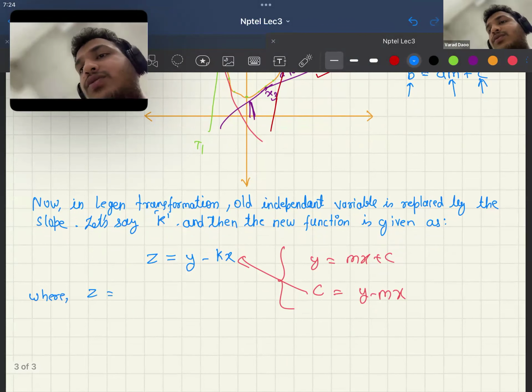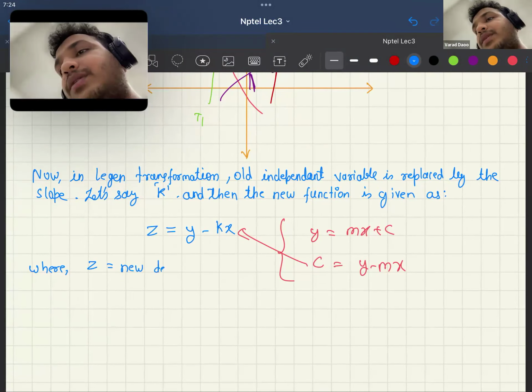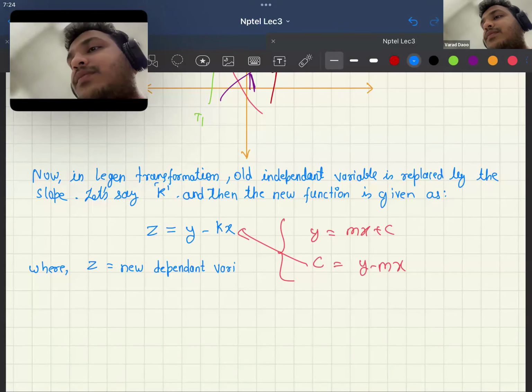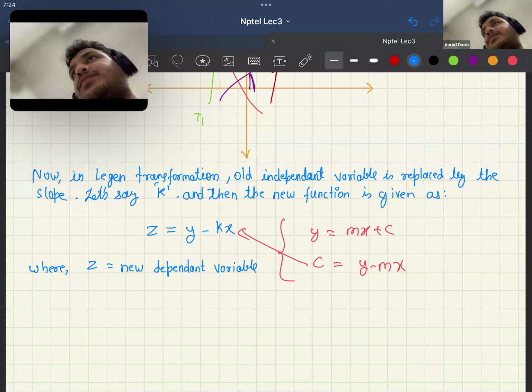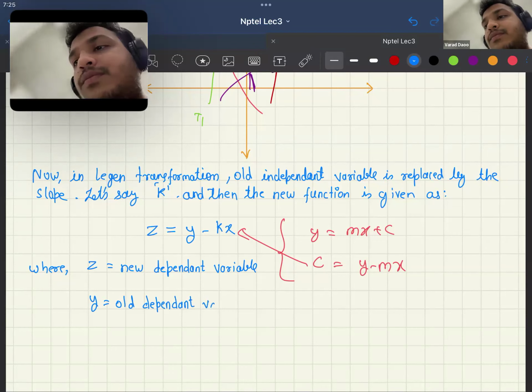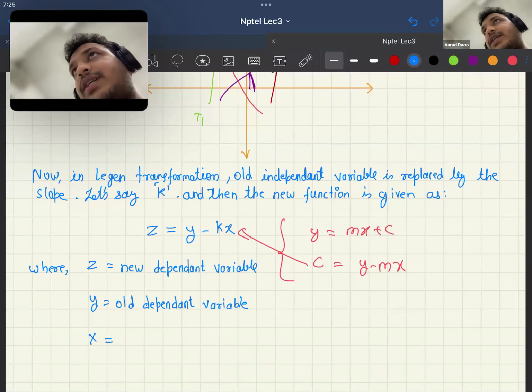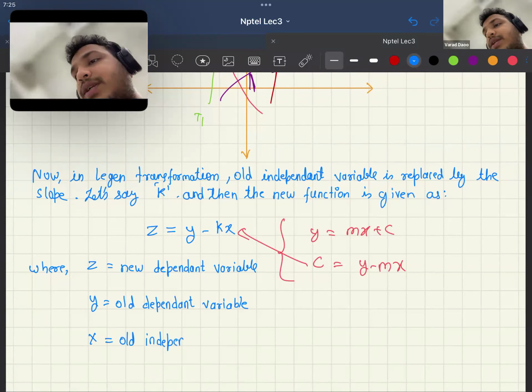So z equals the new dependent variable. y is the old dependent variable, and x is the old independent variable.